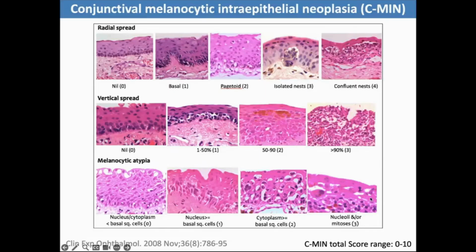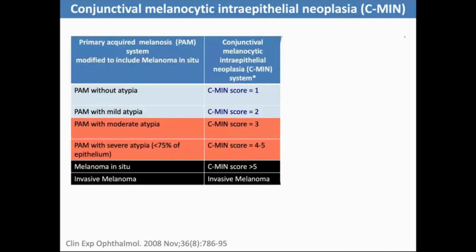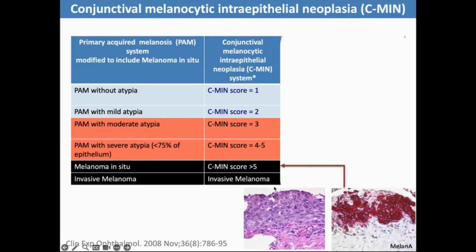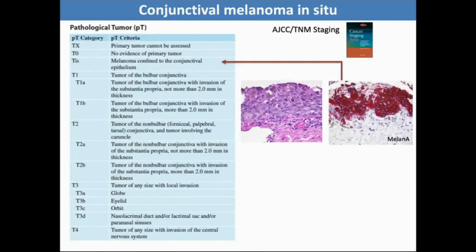You can also get pagetoid spread, similar to what you may see with the sebaceous carcinomas. We proposed a scoring system to correlate with the clinical term PAM, with or without atypia. We also introduced this concept of conjunctival melanoma in situ, which surprisingly wasn't in the TNM staging system until the 5th edition.